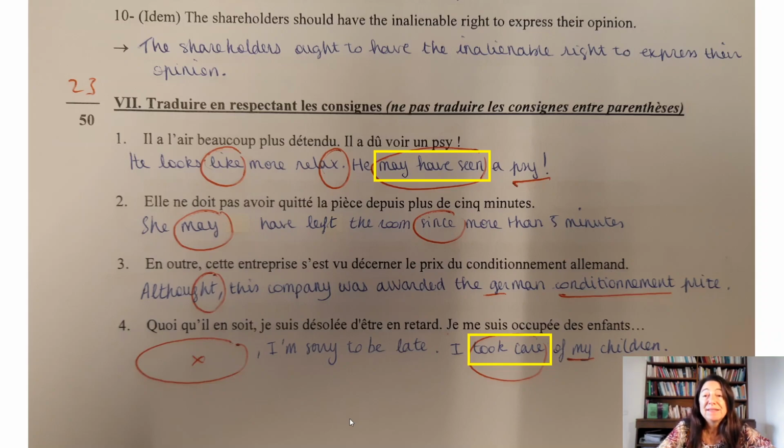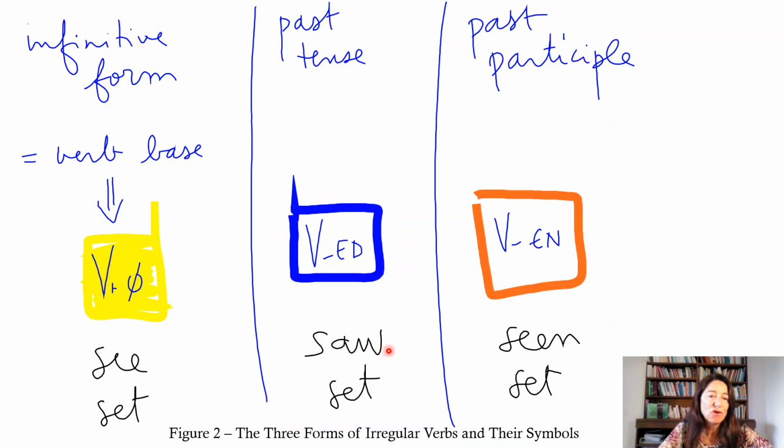See is obviously the infinitive form, and then you've learned irregular verbs by heart and you know that it goes see, saw, seen. And then you might also know that the second form, the form saw, is the form of the past tense. And then the last one, the third one, seen, is the form of the past participle.